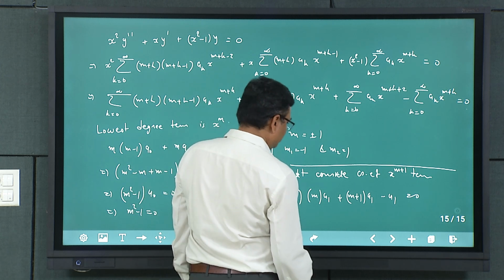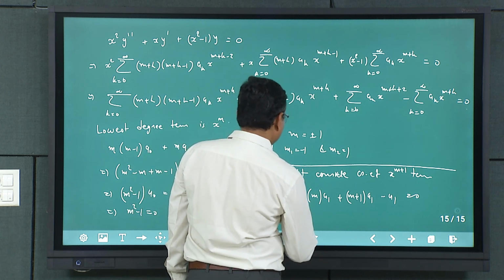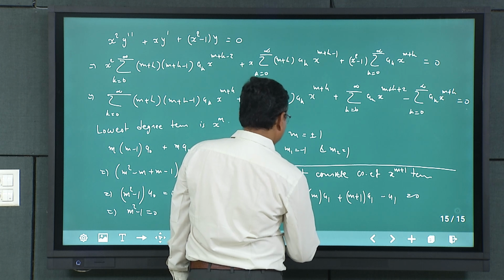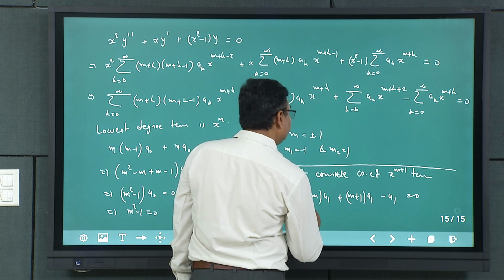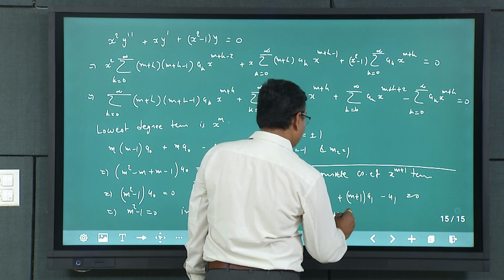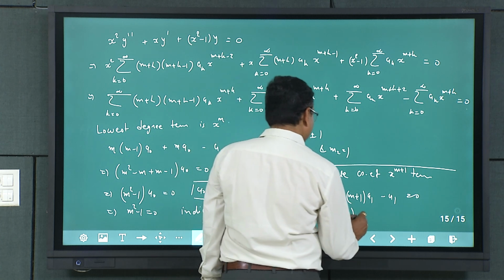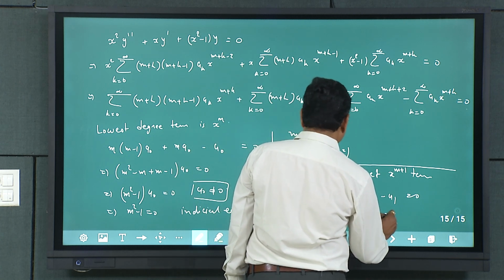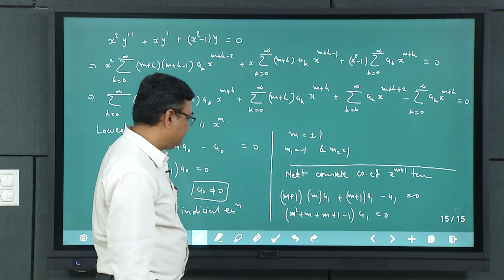Okay, so from this one m square plus m plus m plus 1 minus 1 a1 equal to 0, right.